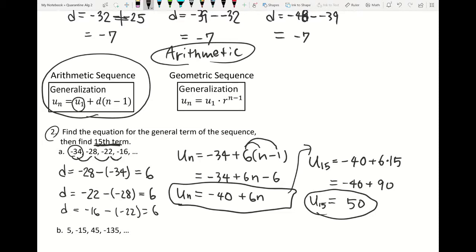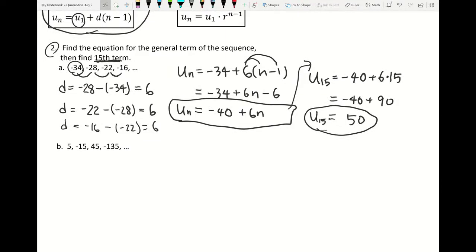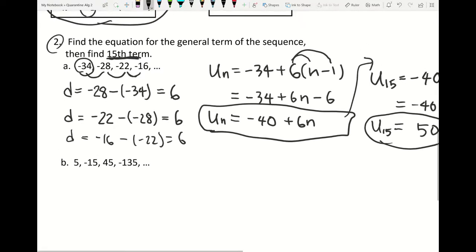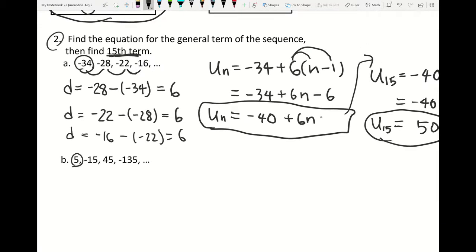So I hope you see the flow of this problem. Okay. Now let's do the last problem right here. Now what do you notice again? You notice that the sign is alternating. First one is positive, second one is negative, back to positive again, and back to negative. So when you see that, what does that mean? It cannot be arithmetic. Okay, so let's just check and see if it's geometric.